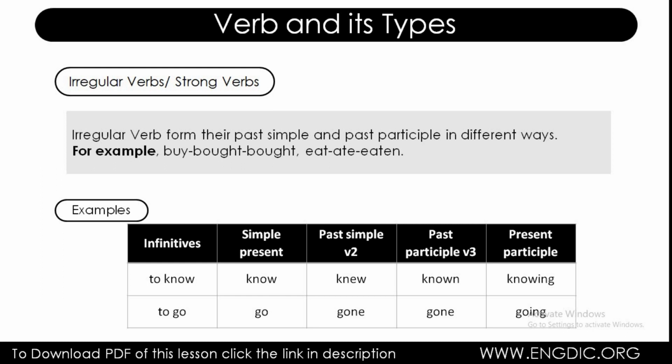Simple present of to know is know. Past simple of to know is knew. Past participle of to know is known, and present participle is knowing. The second example is to go. Simple present of to go is go. Past simple is went. Past participle is gone, and present participle is going.